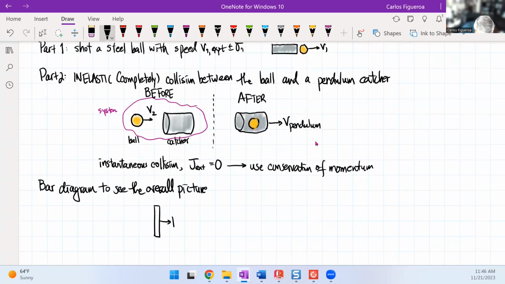And it's coming in with this momentum P2, which is, of course, the mass of the ball times the velocity V2. We know that the pendulum starts off at rest so that the momentum of the pendulum initially is 0. So then this is my line for my total momentum line.